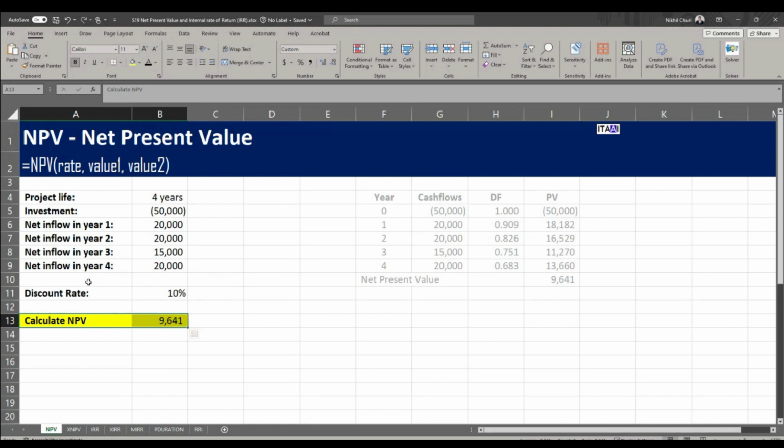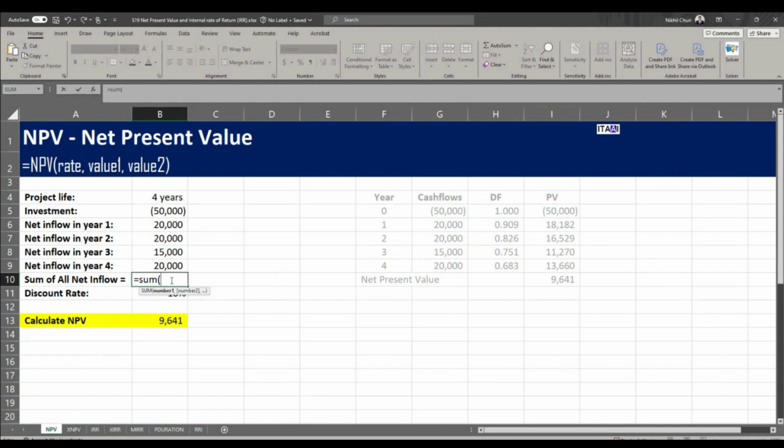And here, I'm going to add one more thing, sum of all net inflow, meaning sum of all these year 1 to year 4 inflows, equals sum, and then I'll select all the necessary cells. So I'm getting 75,000. And technically, if I do a straightforward math, 75 minus 50, the number looks bigger, and technically it is correct.